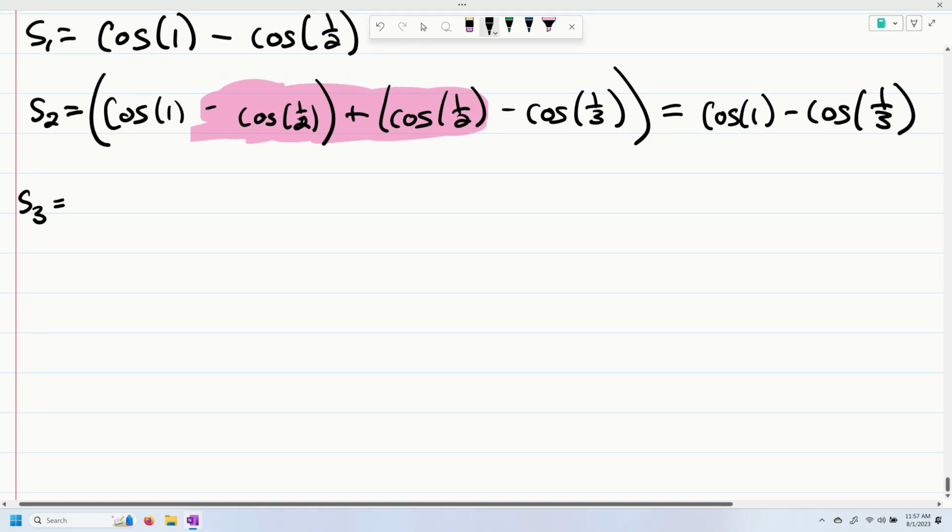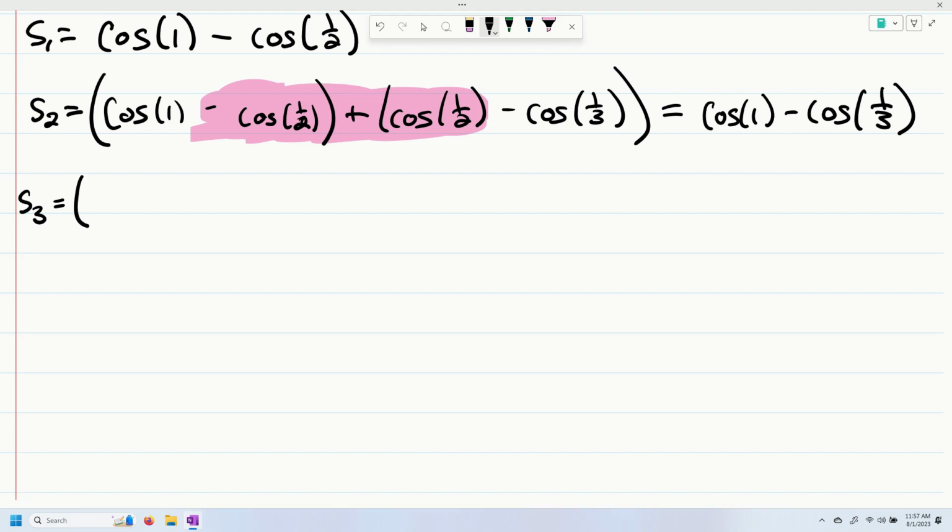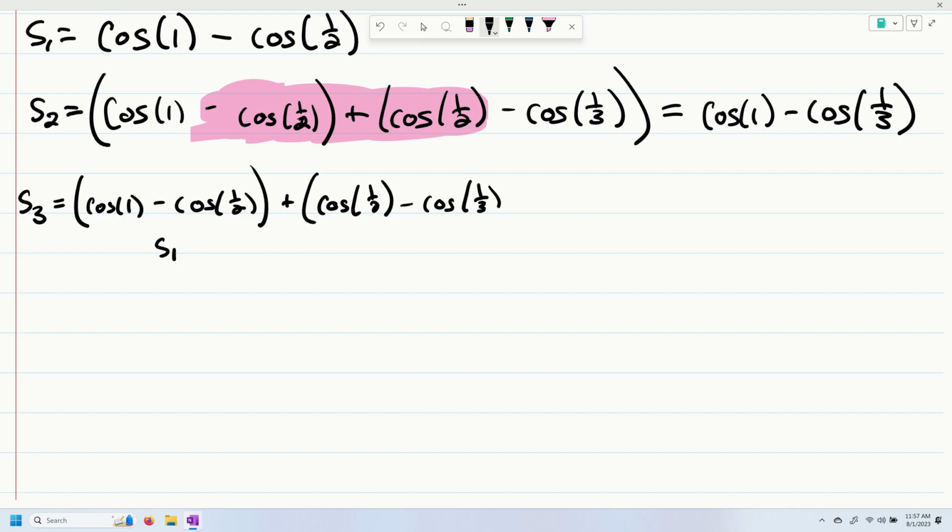So our third partial sum is going to be the cosine of 1 minus the cosine of 1/2, that's S1, plus the cosine of 1/2 minus the cosine of 1/3, that's S2, plus the cosine of 1/3 minus the cosine of 1/4, that's S3.